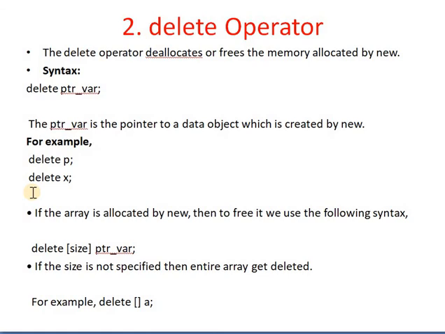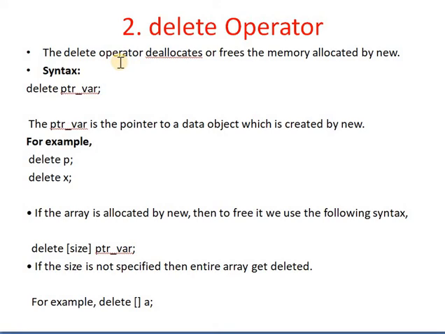Then the next one is the delete operator. The new and delete operators are used by the C++ compiler for allocating and deallocating memory. As we know, the new operator is used for the allocation of memory space. In the same way, the delete operator is used to free the memory allocated by the new operator.